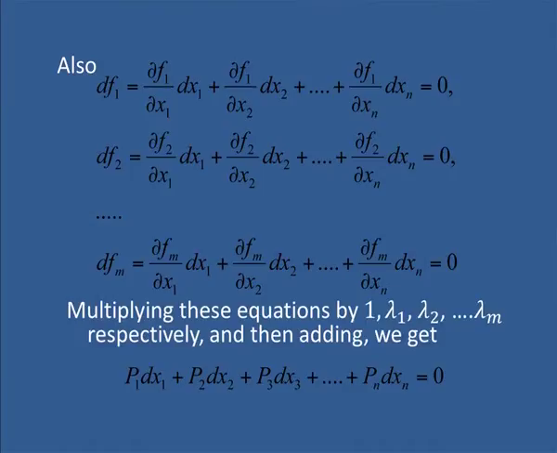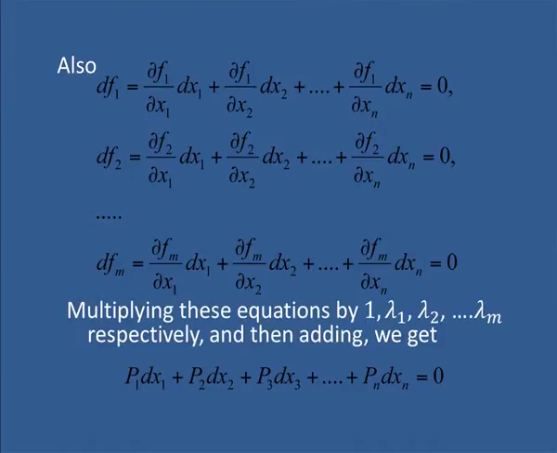In similar manner, dfm is equal to del fm over del x1 dx1 plus del fm over del x2 dx2 and so on up to del fm over del xn dxn is equal to 0.